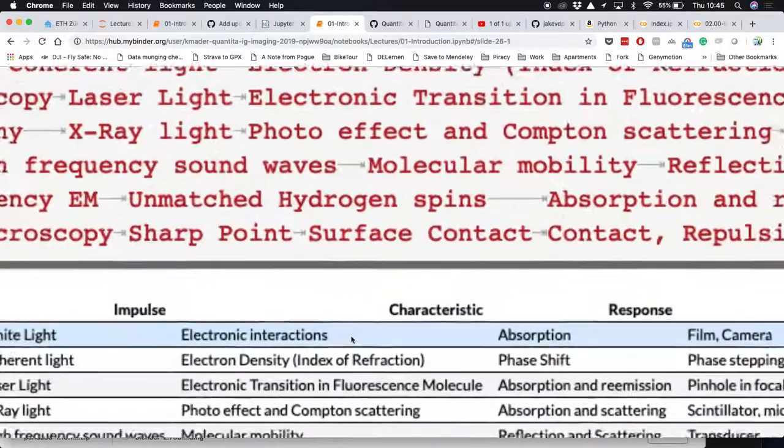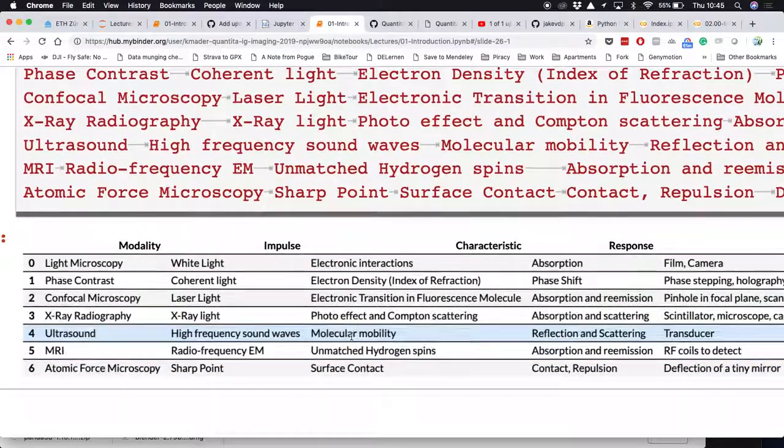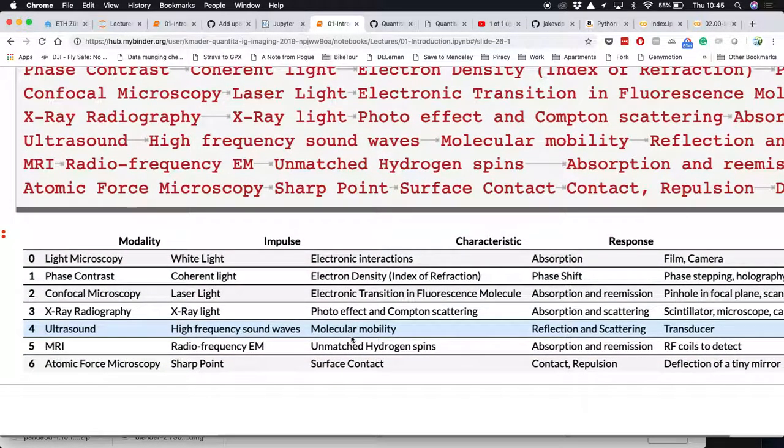And so we have, again, way too small here, a number of different examples where light microscopy is standard. It's the same basic principle as how your eye works. You have white light, electronic interactions, absorption, and your response is a film or a camera, all the way to more extreme cases, like atomic force microscopy, where you have a very sharp tip that you're dragging across the surface, and when it hits something, it moves, and you measure that deflection of a tiny mirror.